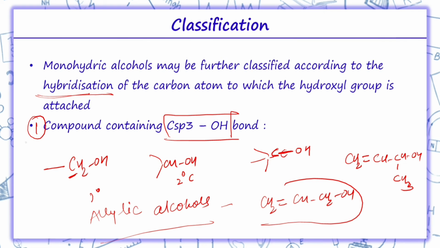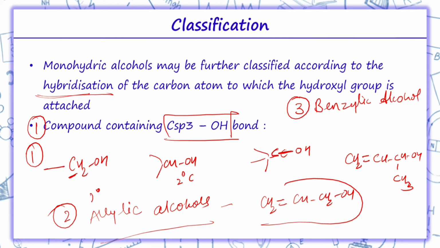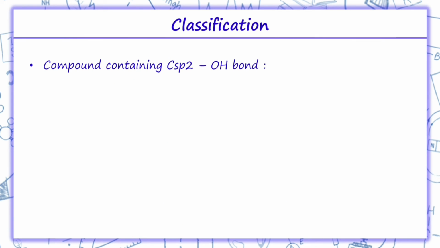So first were the compounds which contain sp3 hybridization, that is primary, secondary, tertiary alcohol. Second, allylic alcohol. Third is benzylic alcohol. These benzylic alcohols also contain sp3 hybridization, like this is the benzene group, so CH2OH. Coming on to the compounds containing sp2.